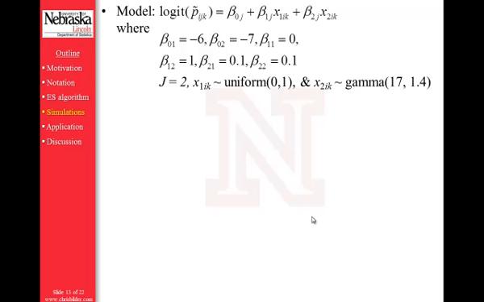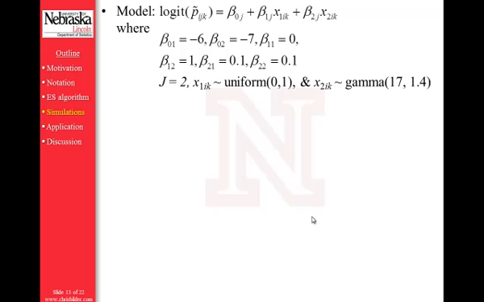So let's take a look at some simulations to evaluate how well this procedure works in a finite sampling situation, or a fixed sample size situation. In this particular setting, we're going to work with a simple logit model where we have two diseases. We're going to have two covariates.